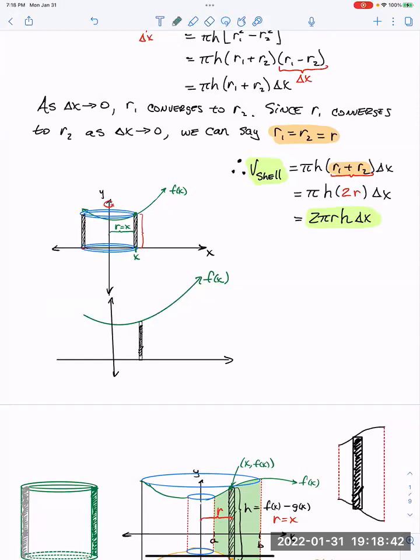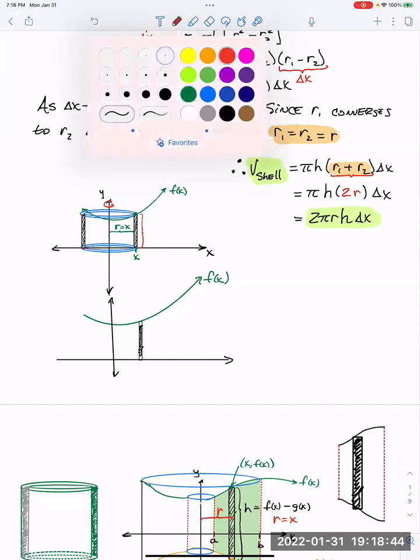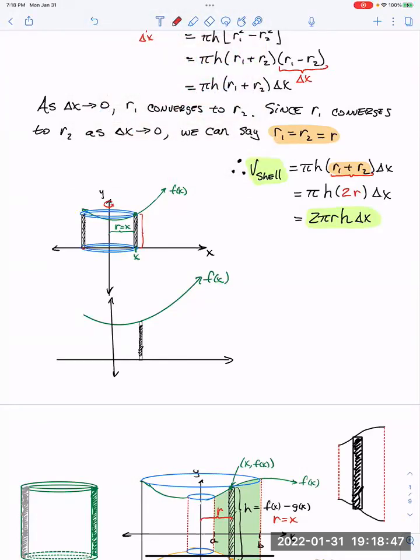Now, when you think about it, when you make the shell, if we're going to rotate this one about this axis here, we're going to create a shell. The two things we're looking for in terms of our formula are r and h. So this is the axis of rotation.